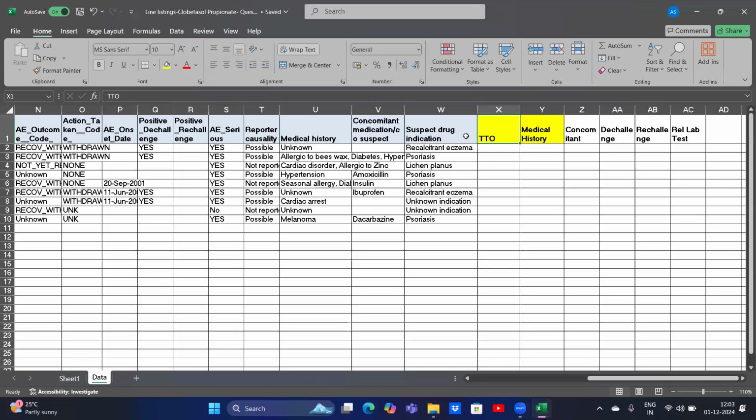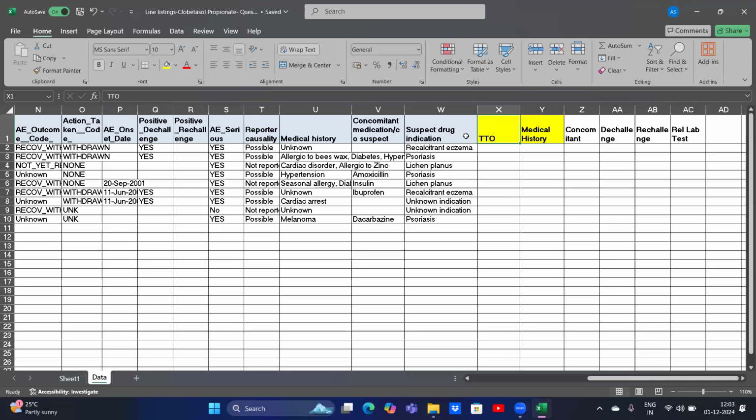Whatever safety sections you are writing, other than important identified risk, because in important identified we don't focus on causality, that is the only section. Other than that, if you are doing important potential risk, missing information, medication error cases, off-label use cases, or giving causality for the literature being processed in section 11, everywhere you give causality, the same pattern is followed.